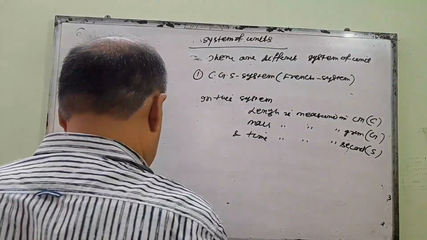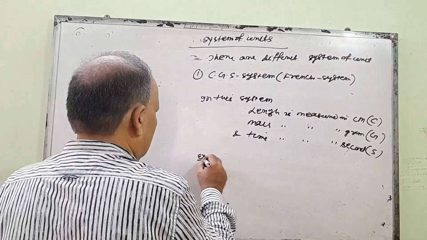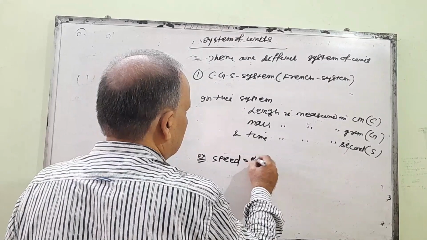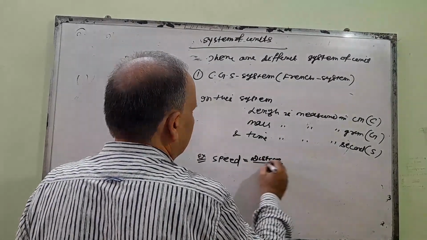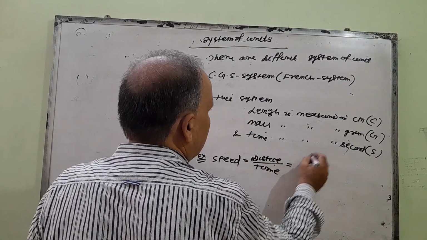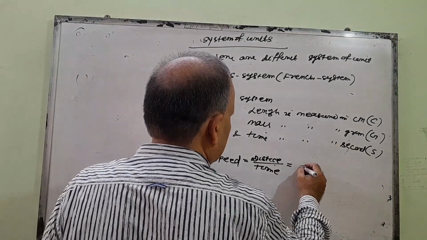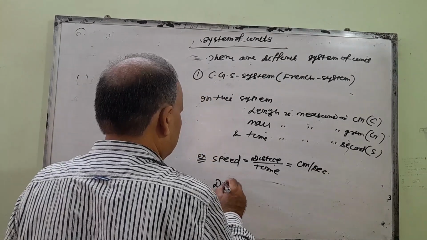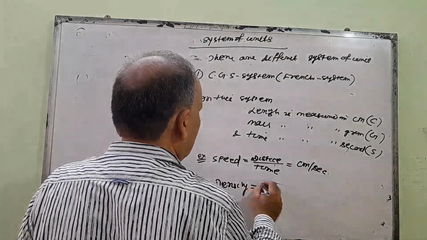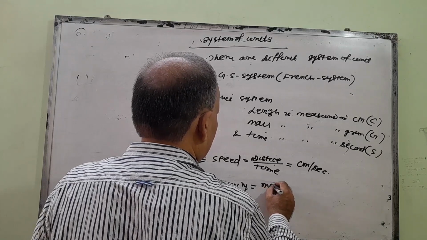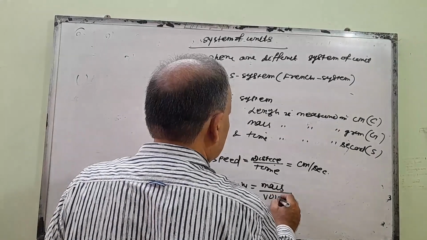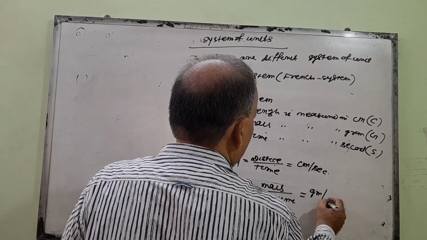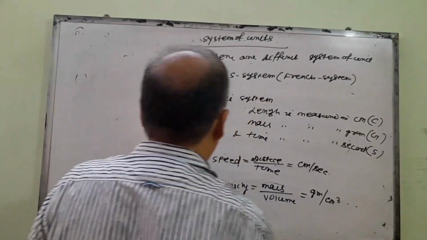It is also called French system. Suppose speed. What is its unit in CGS system? Speed is distance by time, so the unit is centimeter per second. Next, density is mass by volume, that is gram by centimeter cube. Like this.